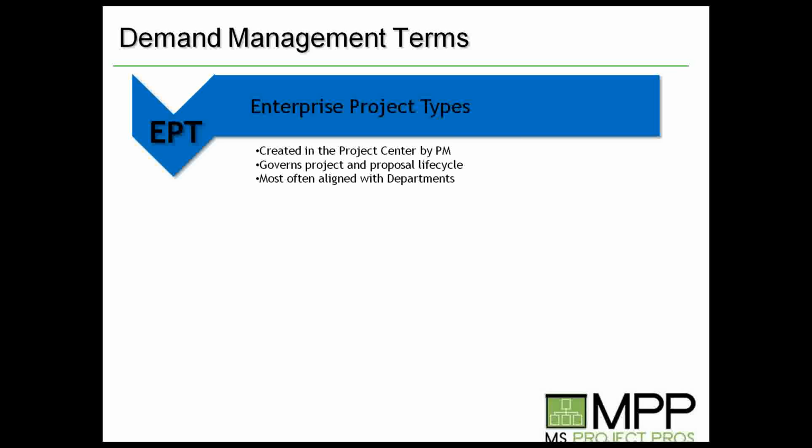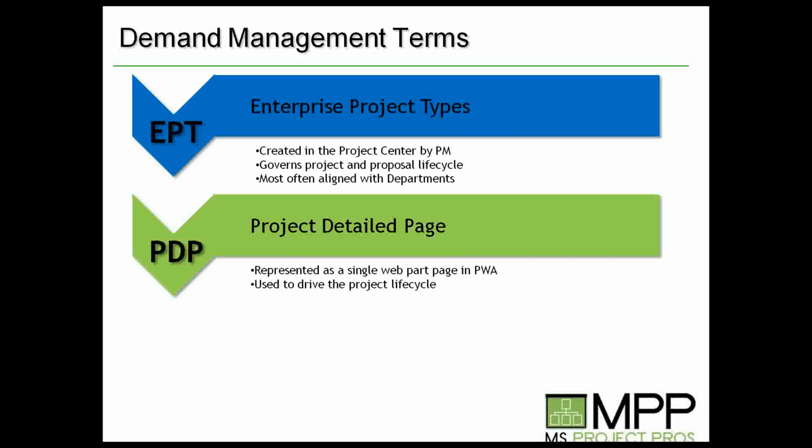As we work with customers even today who want to start using demand management, that's the very first thing we talk to them about: segmenting everything into departments. Not only will you have very specific departmental metadata around your projects, but you'll also have very specific project types in alignment with your departments from a demand management perspective.